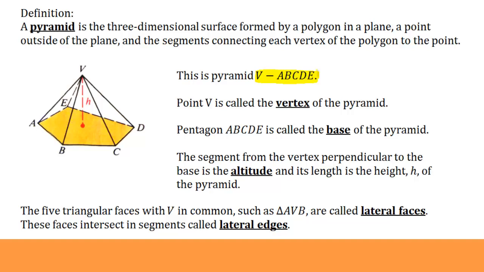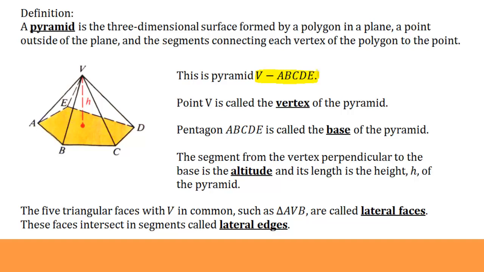The five triangular faces with V as a common vertex, such as triangle AVB, or triangle BVC, or triangle CVD, or triangle DVE, or triangle EVA, those five triangles are called the lateral faces of the pyramid. These faces intersect in segments called lateral edges.